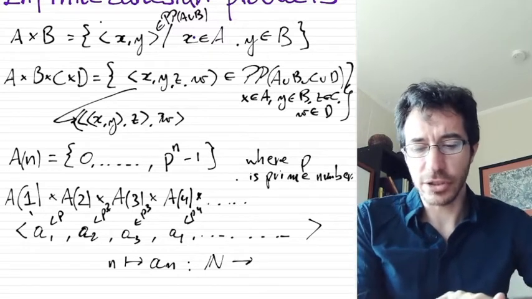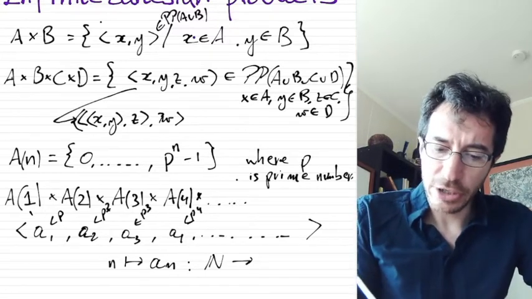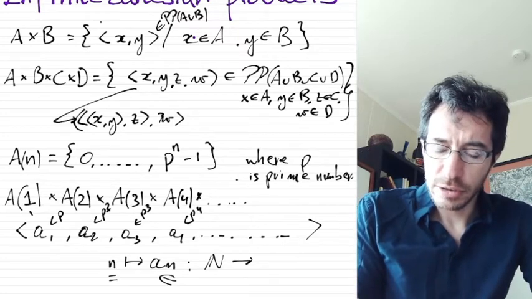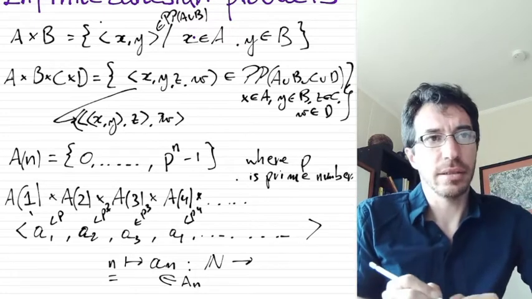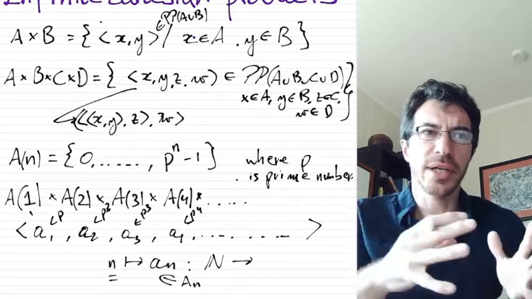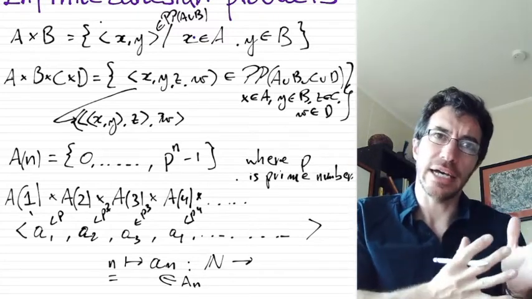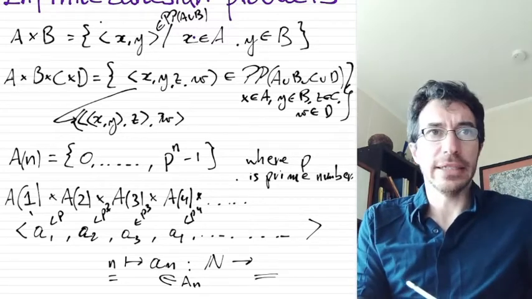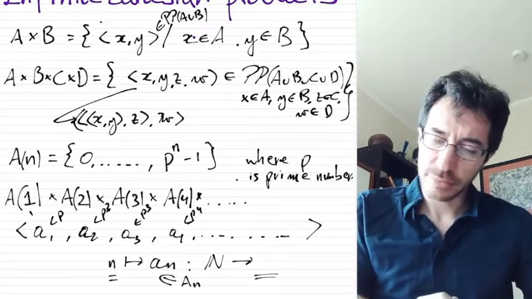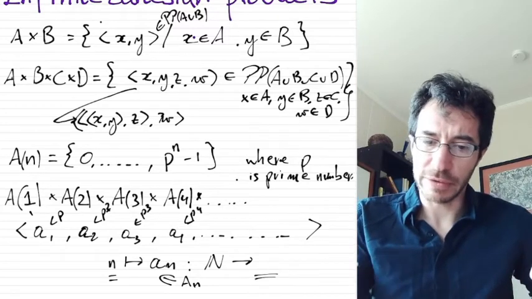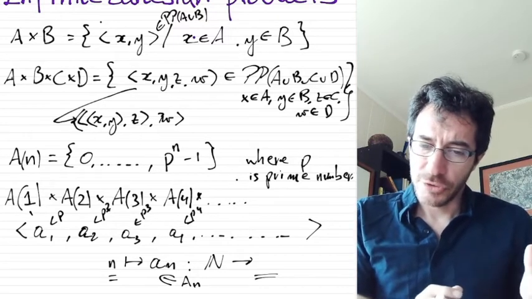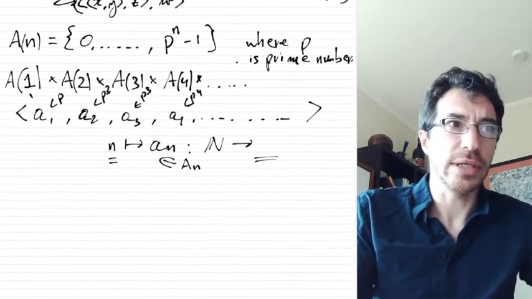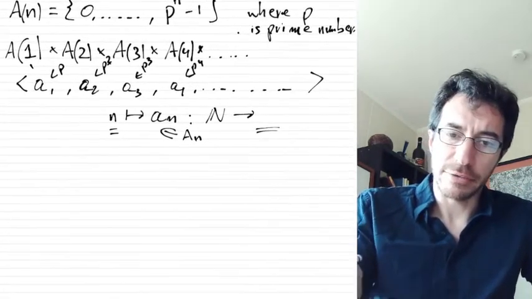Well, it's not exactly a function, because depending on n, this element is going to belong to the set A sub n, which changes according to n. So it's not really an ordinary function. We don't know what the domain or the range is. But, well, functions don't need to have a codomain. So let's define this concretely. Let's now move on and actually define what we mean here.